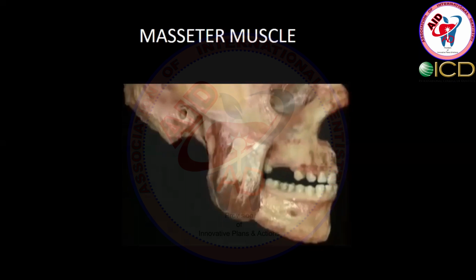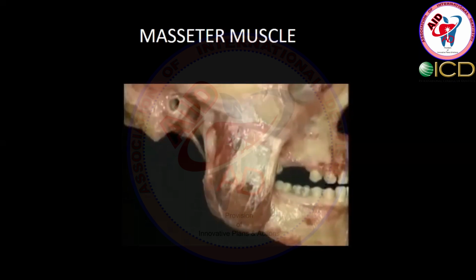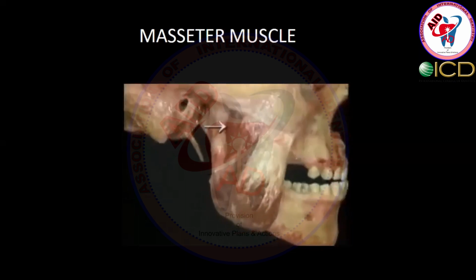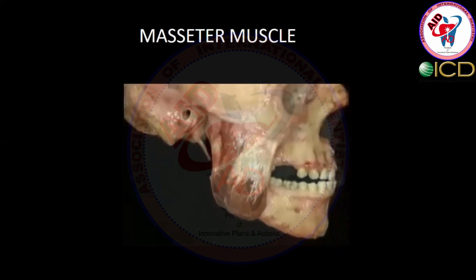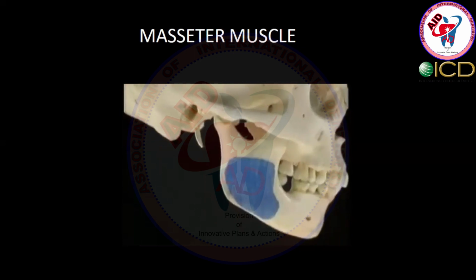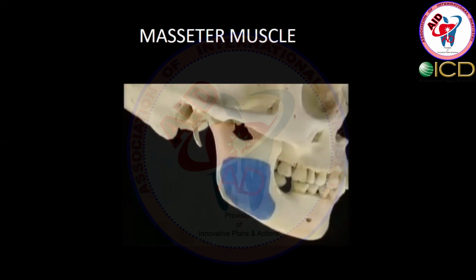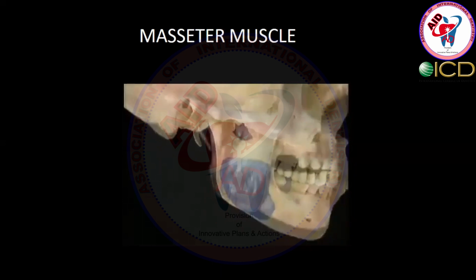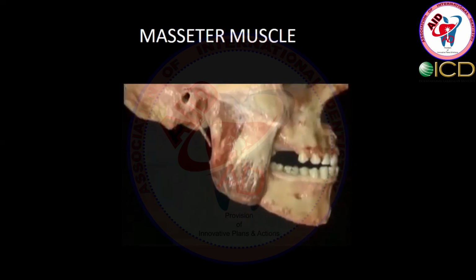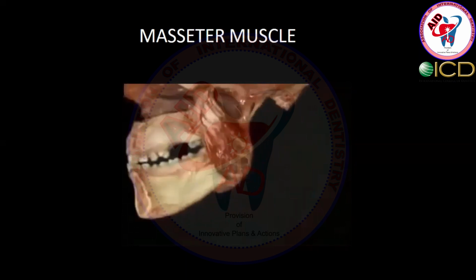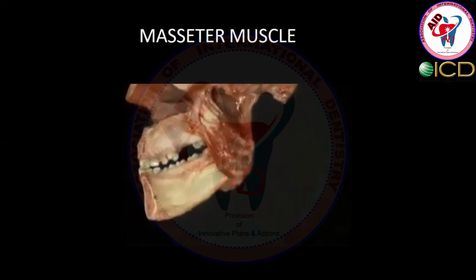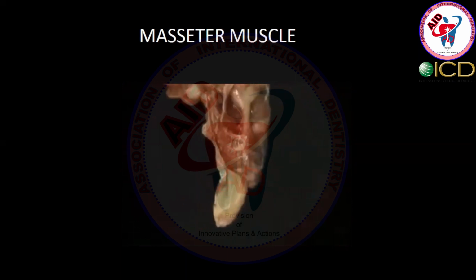Then we see that this portion of the masseter muscle, which is attached right here, is sometimes not present, and it is called the deep fiber of the masseter muscle. All the masseter muscle is attached on the lateral aspect of the ramus of the mandible like this. Now you see on the medial side, it is the medial pterygoid muscle, and on the lateral side, the masseter muscle.